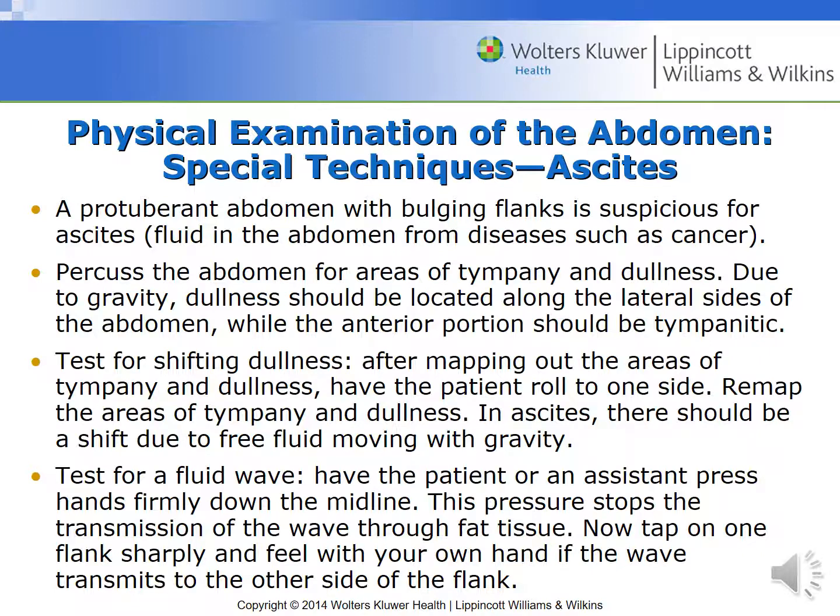You can also test for a fluid wave, and that's basically you can have either yourself, your assistant, or even the patient press their hands firmly down in the midline of the abdomen, almost making a dam. For example, if you're thinking of a river dam, then you can tap on one side of the flank, and then you can feel with your own hand if there's a wave of that fluid on the other side.